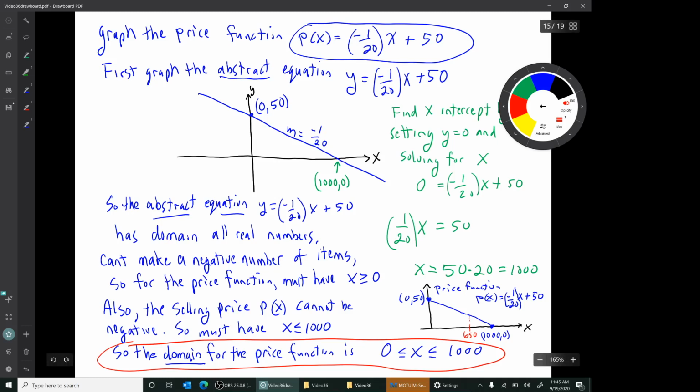This graph is telling you that you would have to have a price there. Now, to sell 651 hats, you would have to lower the price somewhat.